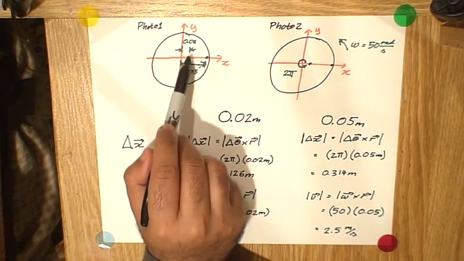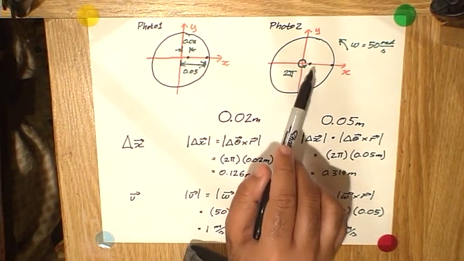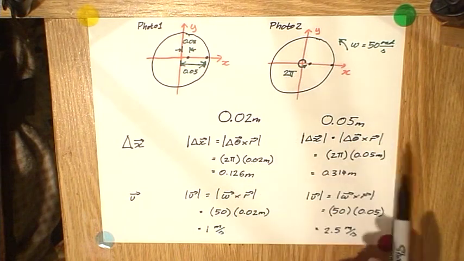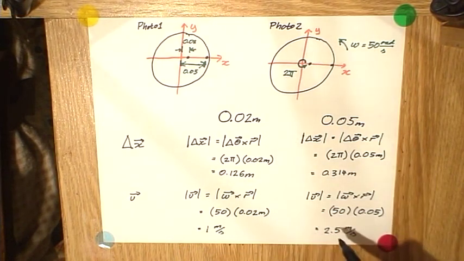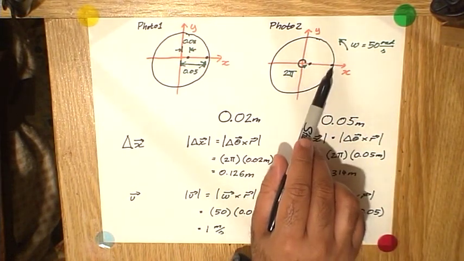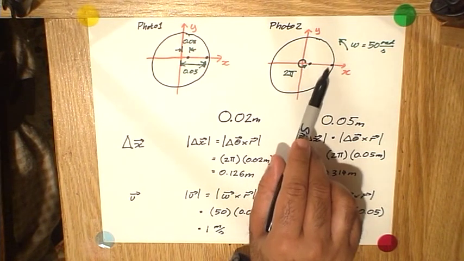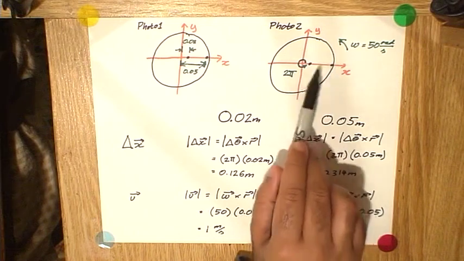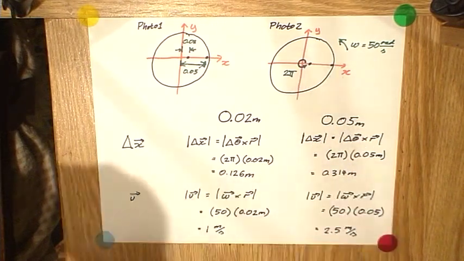So although these two spots have the same angular velocity, they're going to have very different linear velocities because one of them is further out from the other. The one that's further out has to travel through a much greater distance than the inner one in exactly the same time.